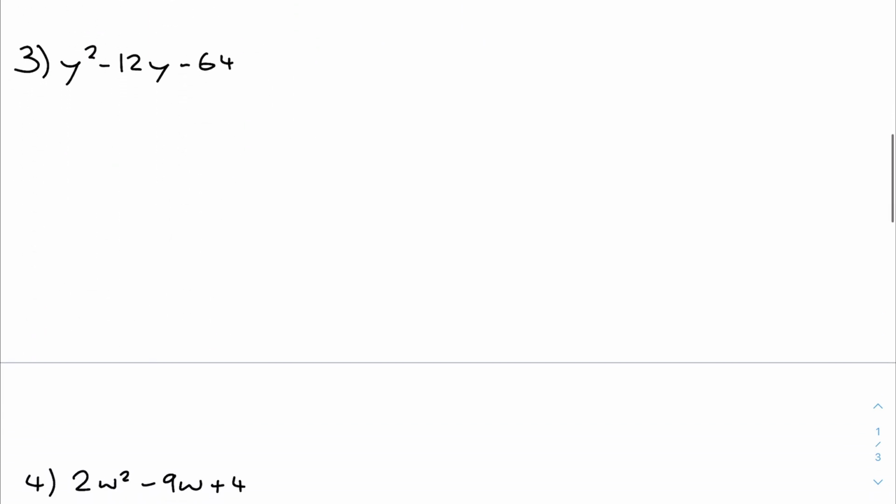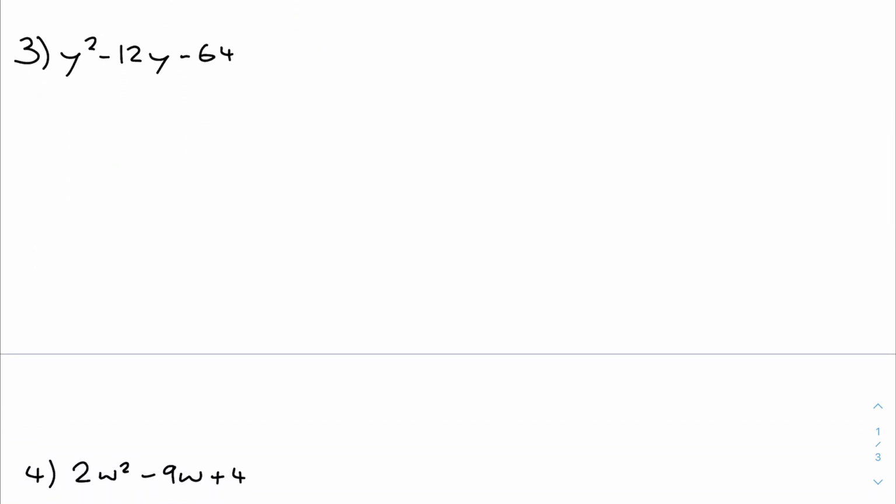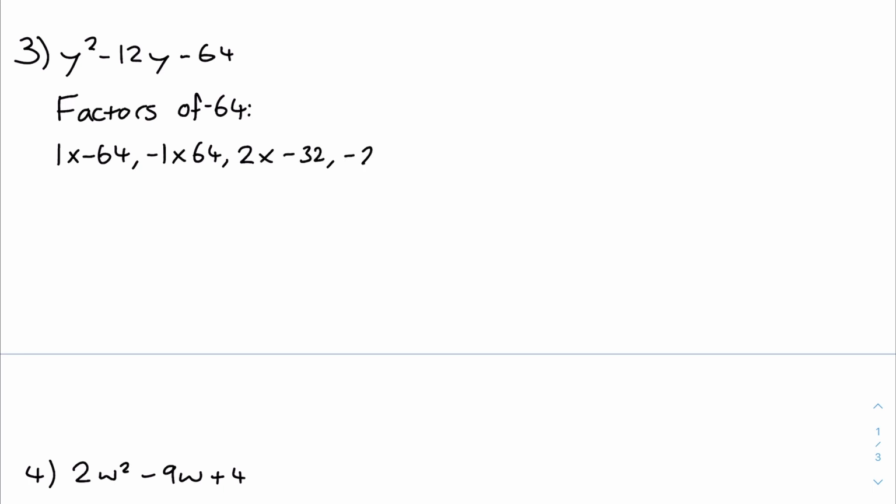Okay, let's go for the next one. Now I've got some y's involved, but it's a similar sort of process. We'll start off by finding our factors of minus 64. So we can have 1 multiplied by minus 64, or negative 1 times 64, 2 times minus 32, or minus 2 multiplied by 32.